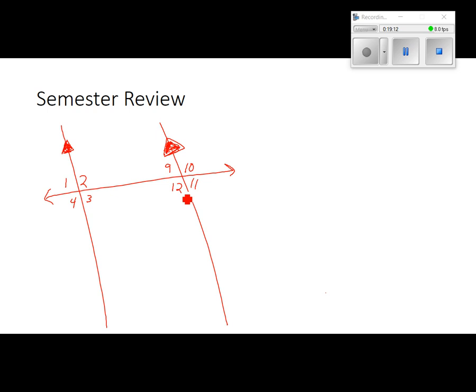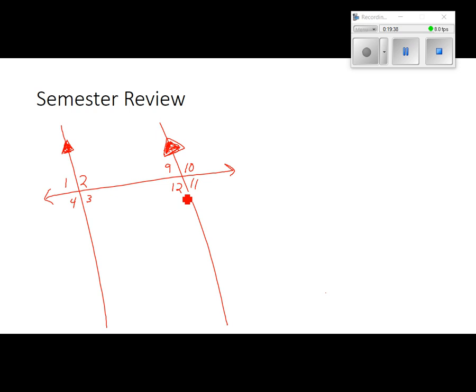I guarantee those of you who are going to miss something, this is where you're going to mess up, because you're going to put angle 1, 2, 3, and 4 with 5, 6, and 7 down here. Don't do that, because it's got to be the two parallel lines and a transversal. So on your paper, you might have to cover up one of the transversals to make sure you're dealing with the correct angles. Did they tell us anything about angle 1, 2, 3, 4, 9, 10, 12, or 11?